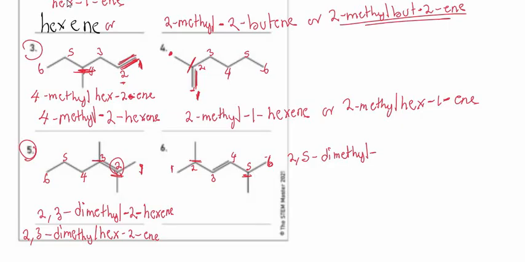Where is the double bond exactly? It's at 3, this is the point where the double bond is. So it will be 2,5-dimethyl, meaning what's the name? Hexene.